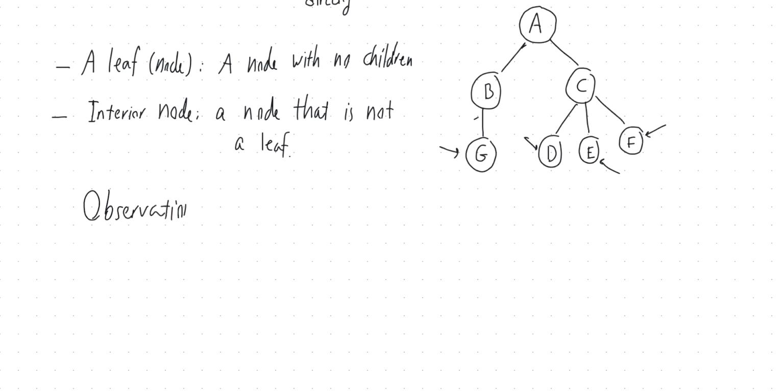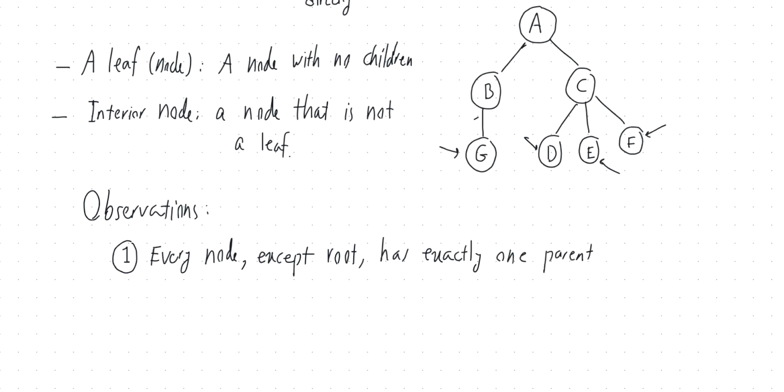The first one, as I said, is that every node except the root has exactly one parent. So every node, every vertex, except the root node, has exactly one parent.